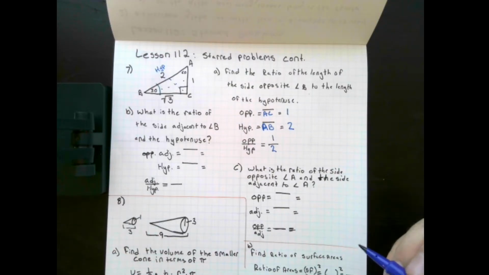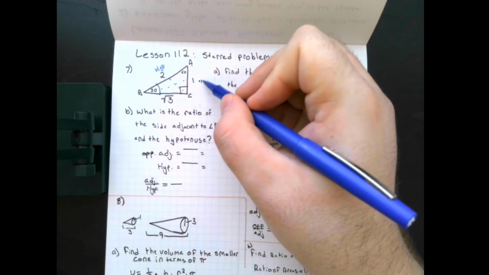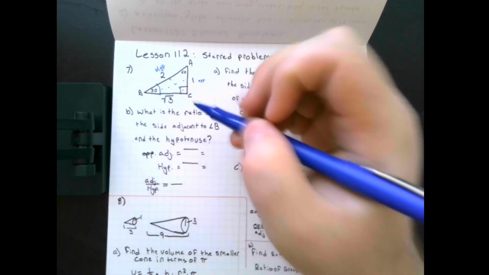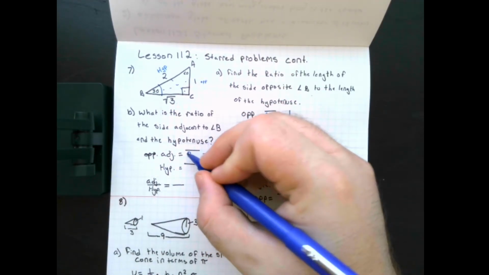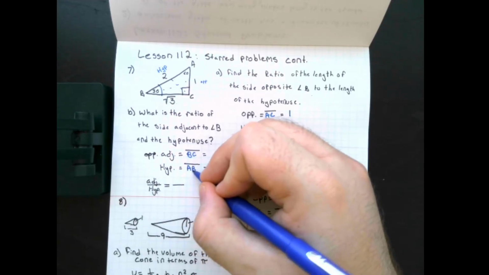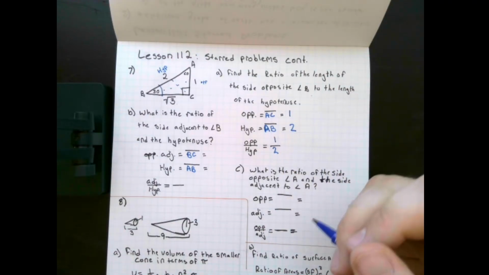We're then asked to find what is the ratio of the side adjacent to angle B and the hypotenuse. Well, if we know that this was the opposite, and this is the hypotenuse, then this last one, BC, has to be my adjacent for angle B. The hypotenuse is still AB because regardless of what angle we look at, the hypotenuse of the triangle never changes.